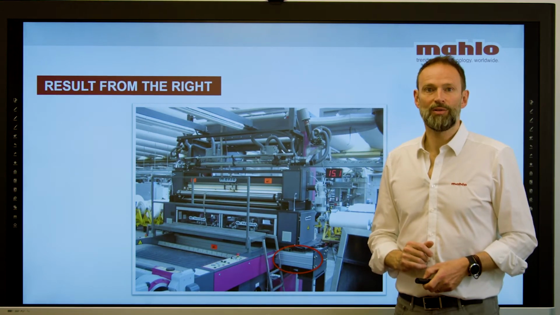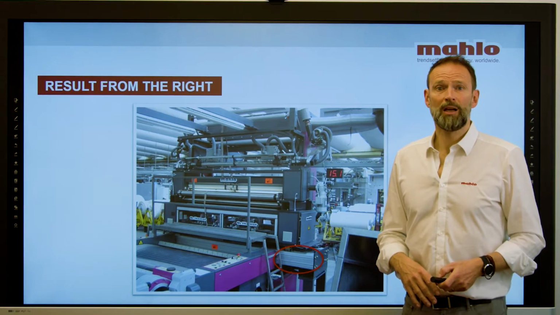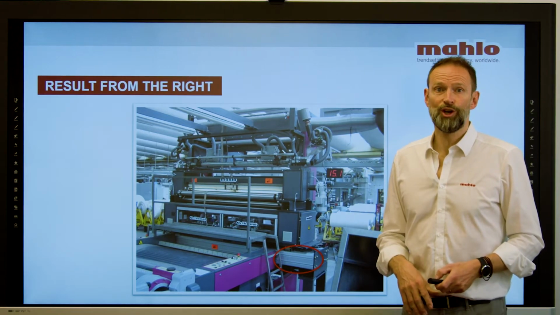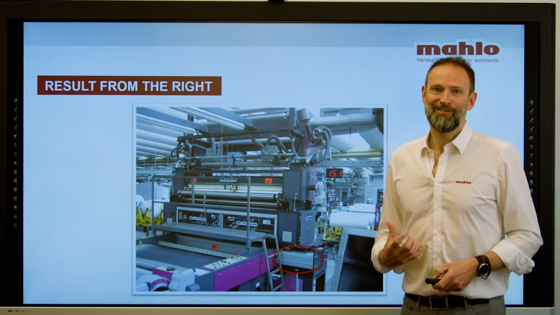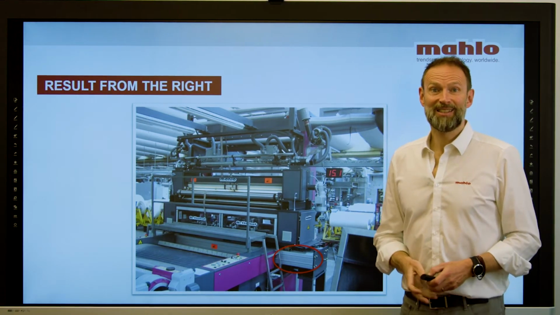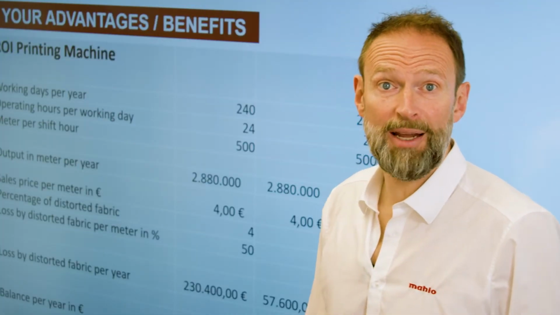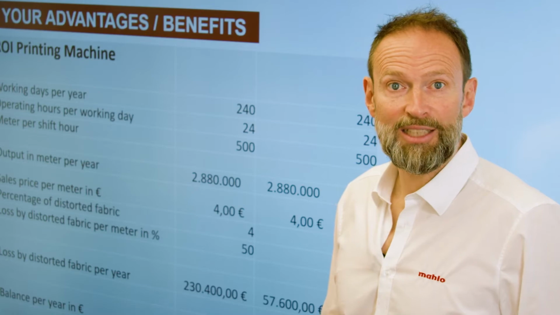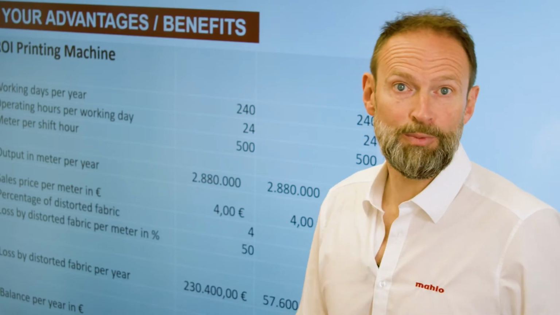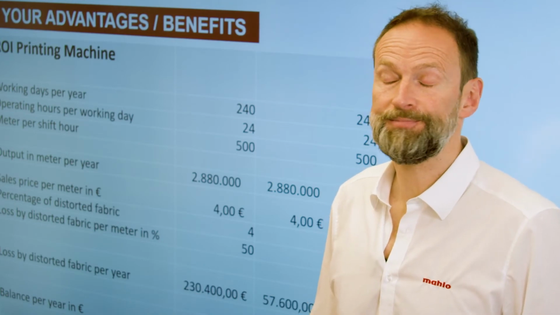to the printing process. Once again, it brings a lot of benefits to you, but of course the main benefit is the money. And this is what I want to show you as well. We have prepared a small calculation how much money you can save with this investment.